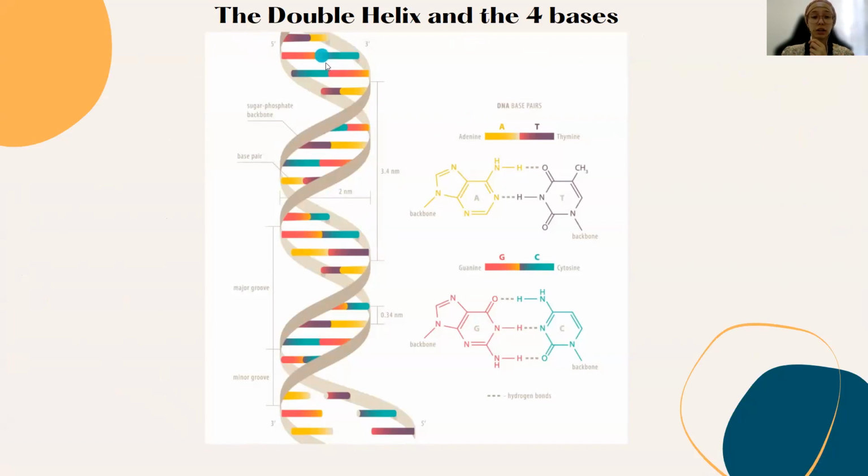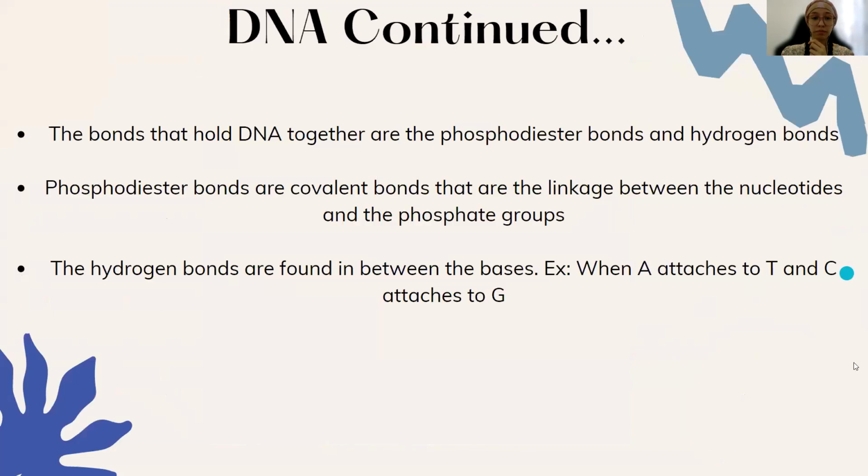For the DNA base pairs, adenine will always connect to thymine and guanine will always connect to cytosine. The bonds that hold DNA together are the phosphodiester bonds and hydrogen bonds. The phosphodiester bonds are covalent bonds that are the linkage between the nucleotides and the phosphate groups.